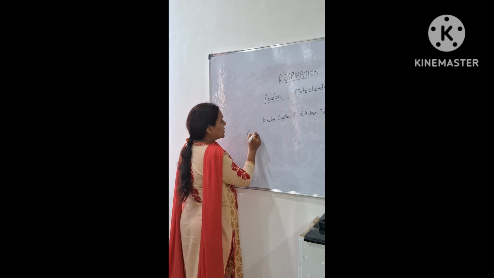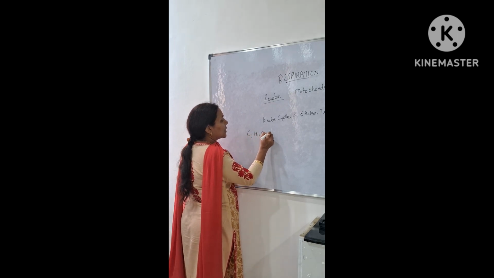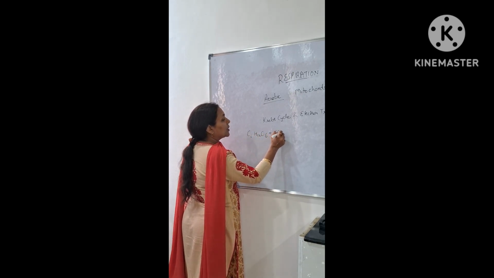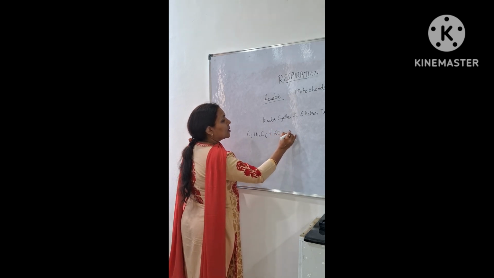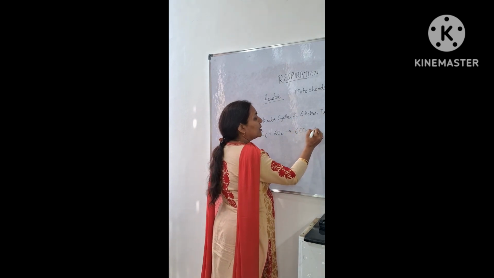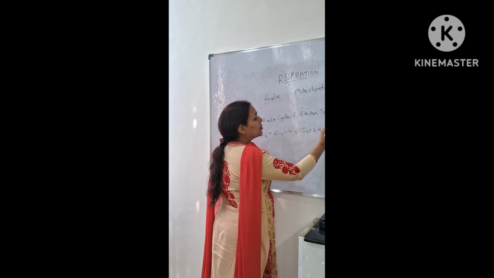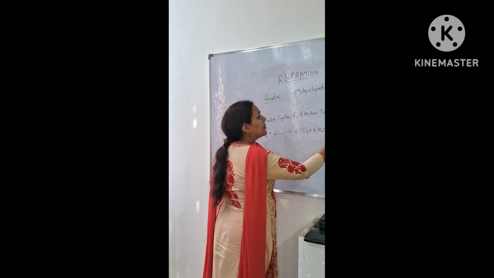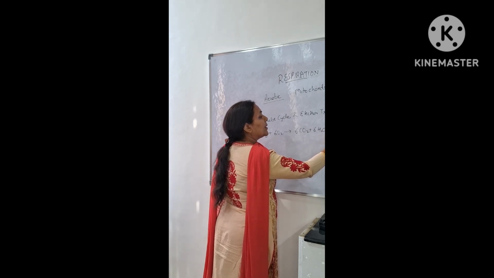So C6H12O6 plus 6 molecules of oxygen produce 6 molecules of carbon dioxide plus 6 molecules of water plus 38 molecules of ATP.